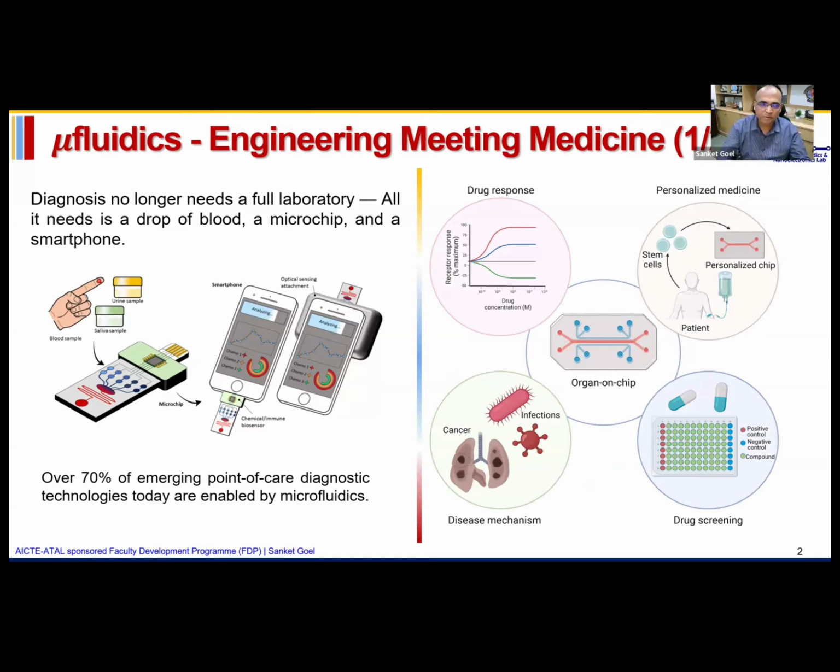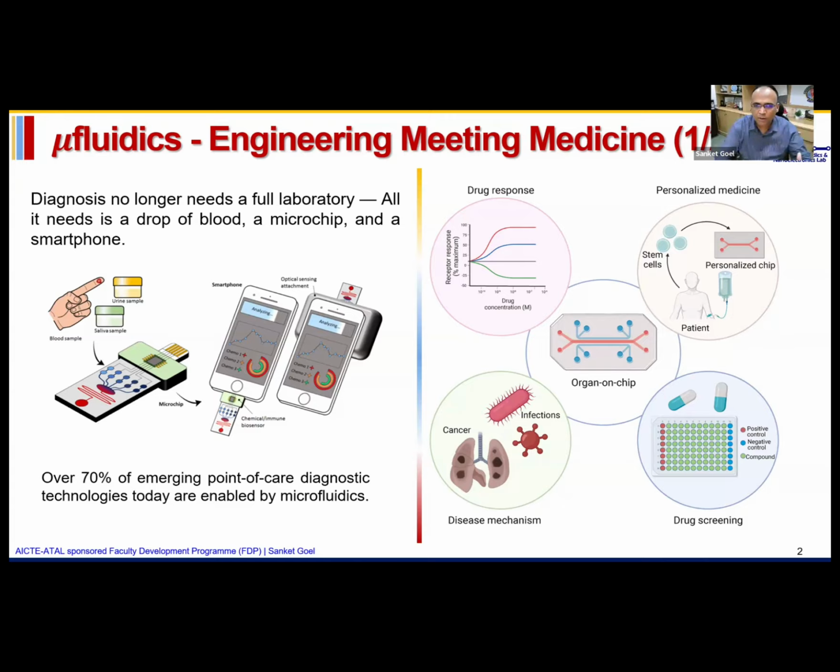If you, for example, give a drug to a heart patient, there will be some functionality changing in the heart and its surroundings. So we can try to grow the cells of the heart in this organ on a chip application, and then try to understand, when we give a drug to the organ, for example the heart in this case, how the drug will respond, how the beating response will change.